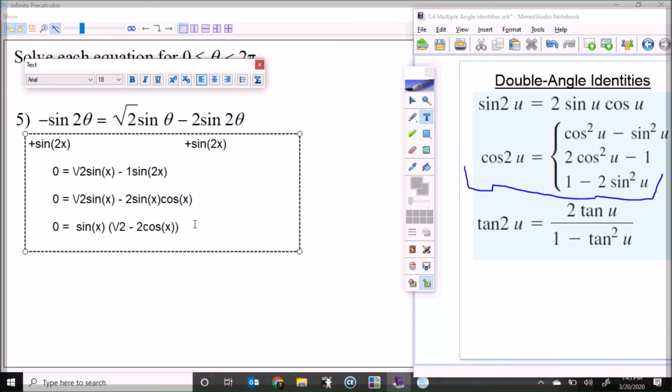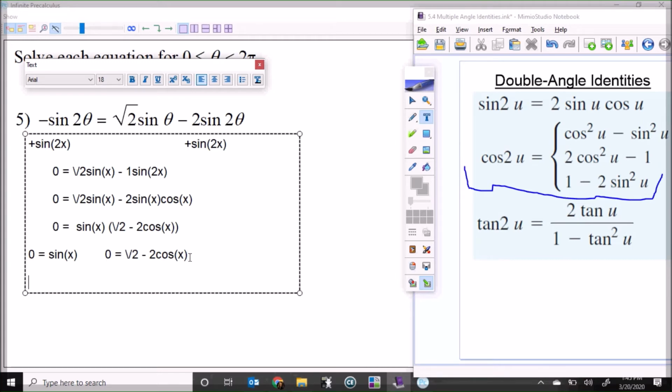Set each part equal to 0, so I'm going to get 0 equals sine of x, and I'm going to get, well, all of this: 0 equals square root of 2 minus 2 cosine x.